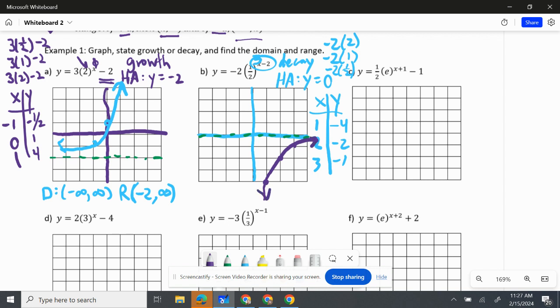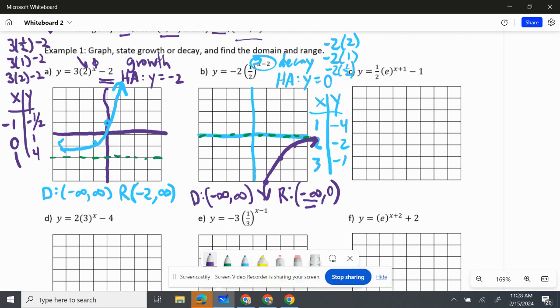Our domain is always the same, -infinity to infinity. And our range, this time it's below the asymptote, so it's going to be -infinity to 0. Remember, the least value always comes first. That's why the -infinity is first.